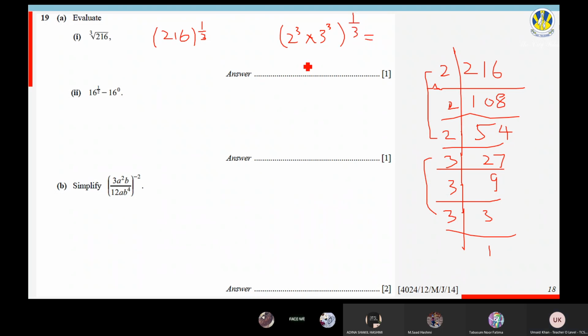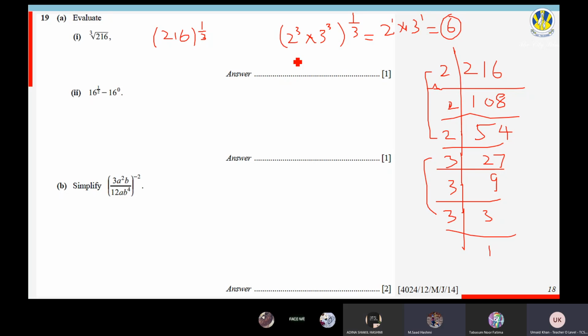Now you will simplify this: 1 by 3 multiplied with 3, you will get 2 power 1, and 3 cube simplified with 1 by 3 gives 3 power 1. So this is how you will get 6 as the answer. It's easy, and in this way you will ensure that you have moved in the correct direction and arrived at the correct answer.